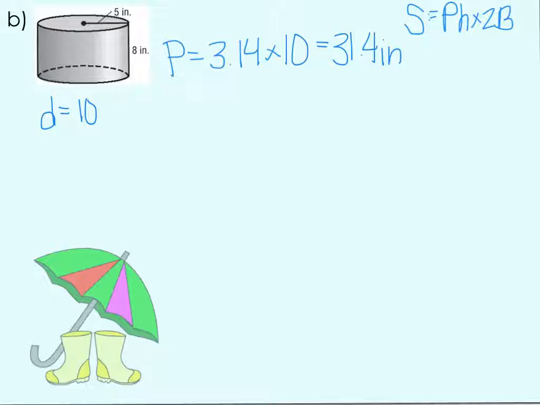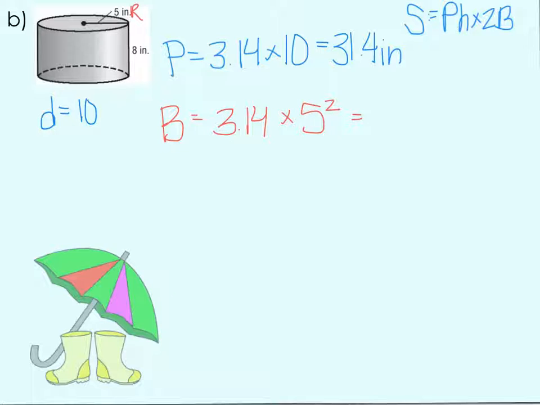Step 2 to get it right is to find the area of our base. Area of our base, 3.14 times our radius, which we said was 5, times 5 squared.